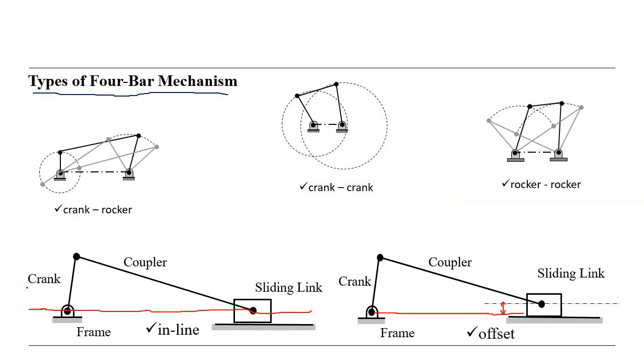The crank slider mechanism, inline or offset, as I mentioned, has many applications, for example in compressors, the piston compressor, or in the internal combustion engine. It's very famous since the invention of the internal combustion engine. The link in between, we call the coupler.